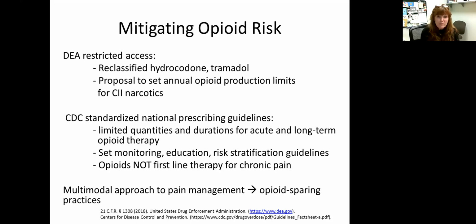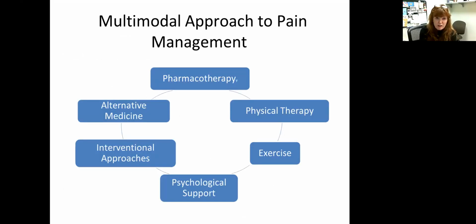And the most important thing that the CDC has been trying to hammer home is that opioids are not first-line therapy for chronic pain. Individually in our clinic, using a multimodal approach to pain management is often very helpful for opioid sparing practices, which we'll talk about in just a minute. That is obviously a very good strategy.